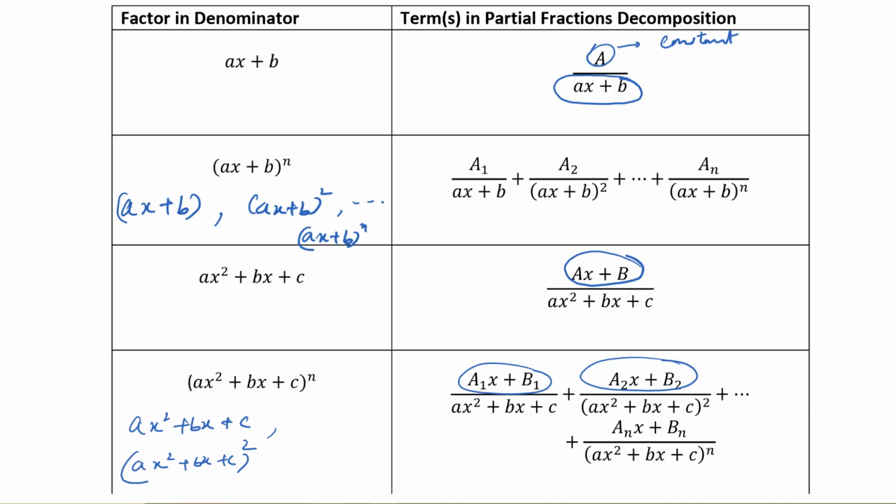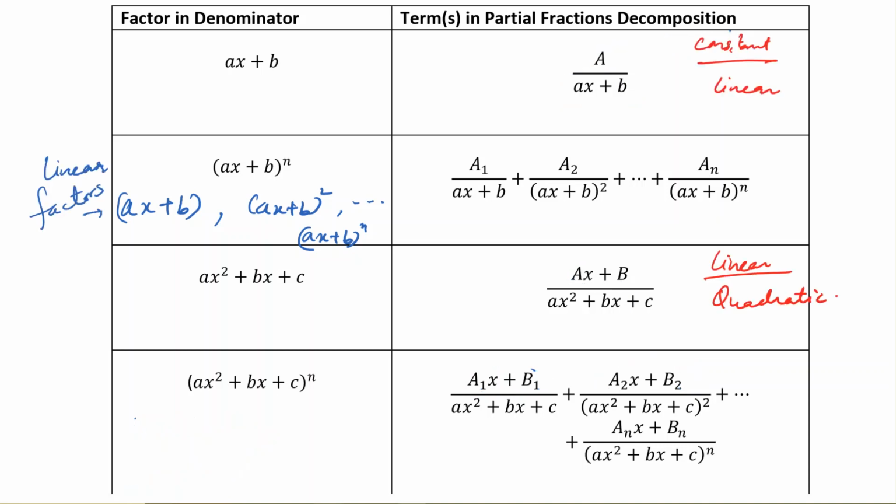Once we have the correct setup, we're going to figure out the values of our constants a's and b's, etc. So the gist is, whenever you do the setup, for each term the power in the numerator would be 1 less than the denominator. If you have a linear in the denominator, you're going to have a constant in the numerator. If you have a quadratic in the denominator, you're going to have a linear in the numerator.